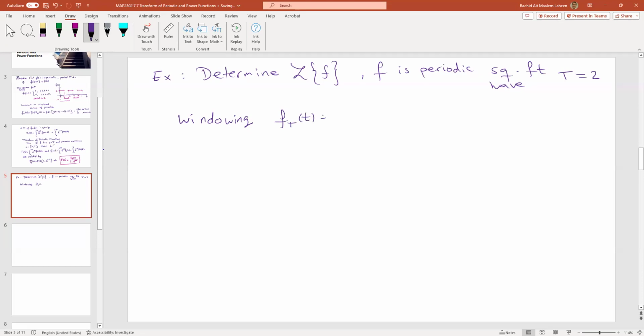f sub capital T of t equals pi sub 0,1 of t minus pi sub 1,2 of t.